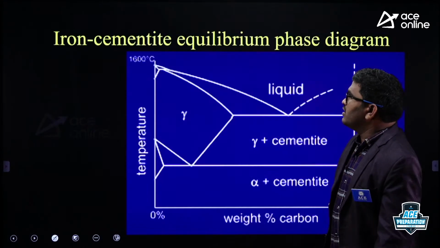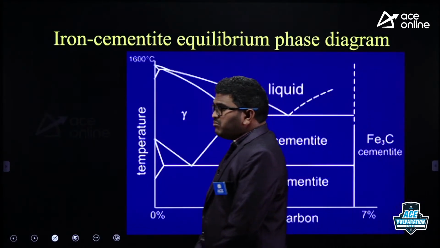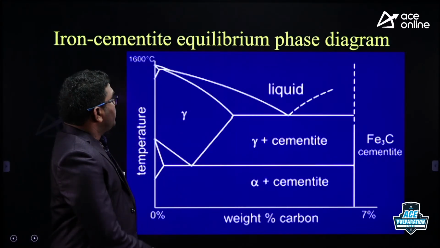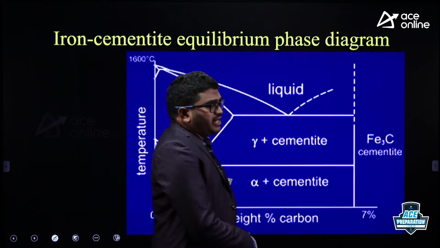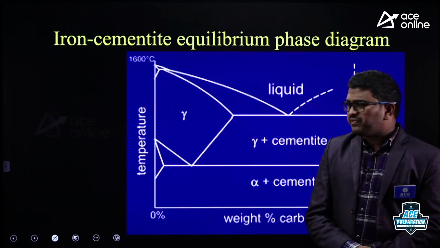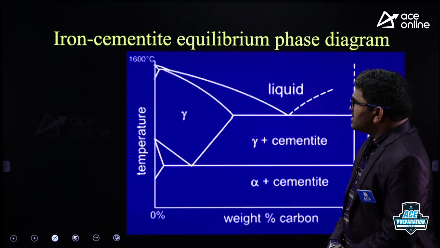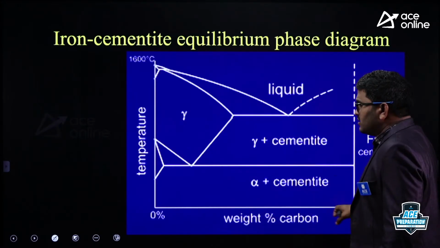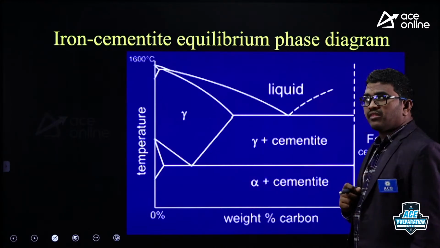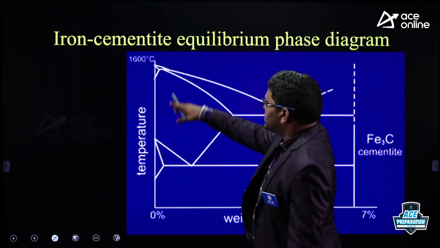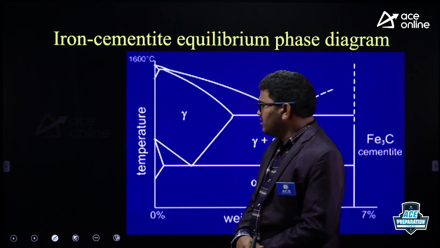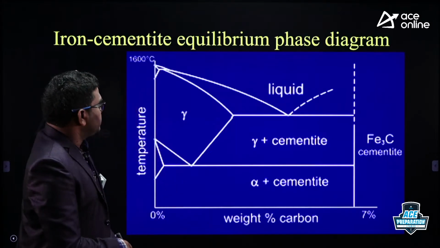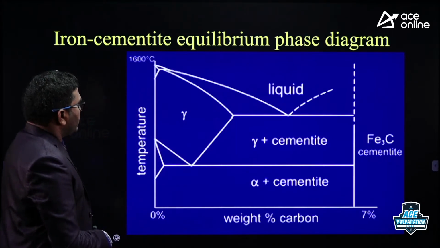Now, here I am going to discuss steel and cast iron elaborately by using the iron-cementite phase diagram. In this iron-cementite phase diagram, the x-axis represents percentage of carbon and the y-axis represents temperature.